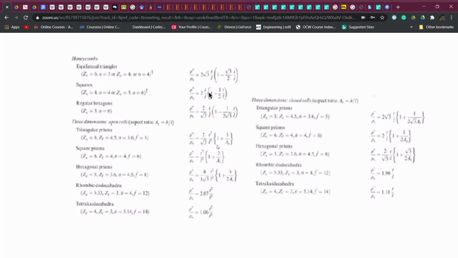So we do know, and you can find it, as I said, apart from this table, in specialized texts, the values of ZE, of ZF, of N average, of F, the number of phases, depending on the basic geometry.